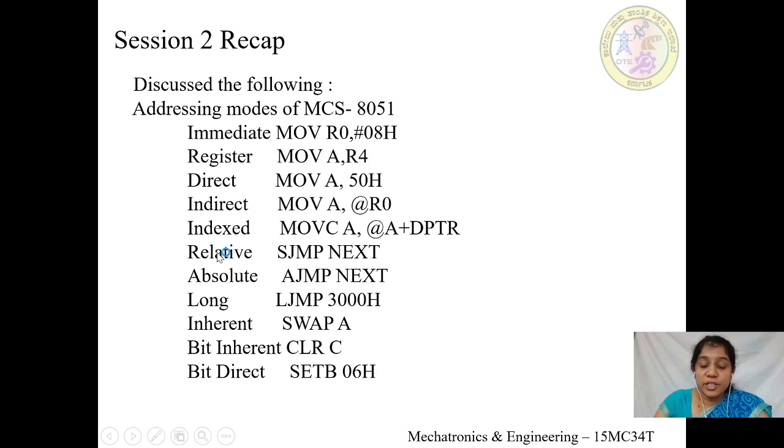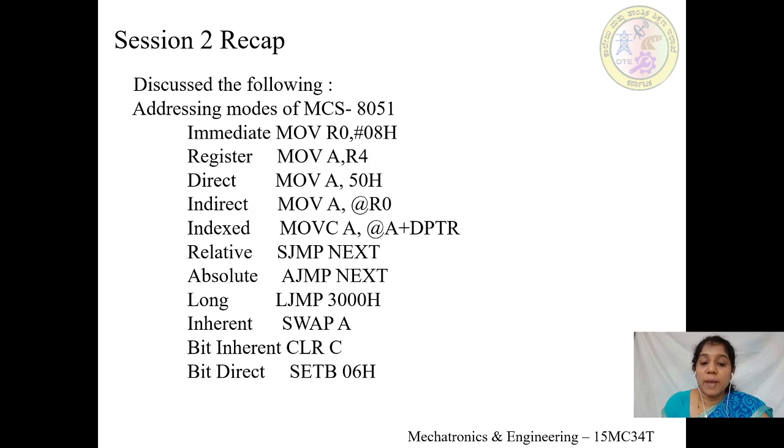Next is relative addressing mode. In case of relative addressing mode, we can have a jump or a call to another location within minus 128 to plus 127. So it can have a short jump within the range of minus 128 to plus 127. Next is absolute addressing mode.